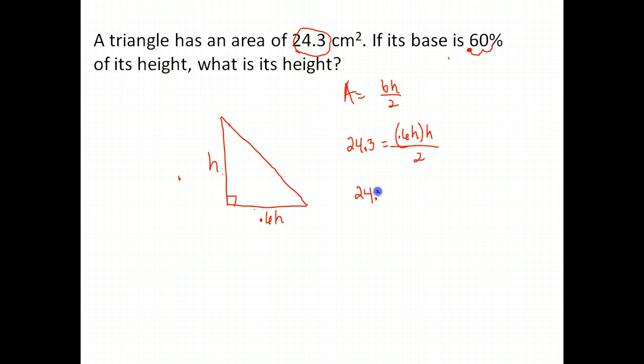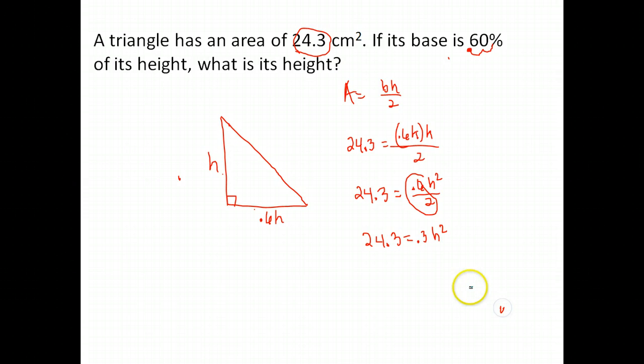We want to go ahead and simplify anything we can in that situation. We can take h times an h and we get h squared. So we have 0.6h squared divided by 2. We can also simplify this. 0.6 divided by 2 is 0.3. So now we're down to 24.3 equals 0.3h squared.